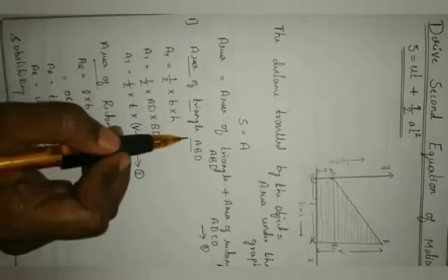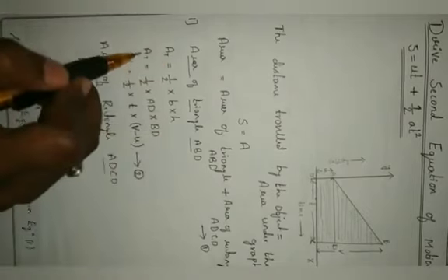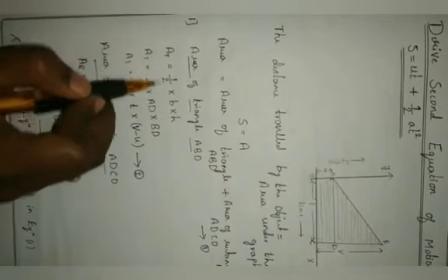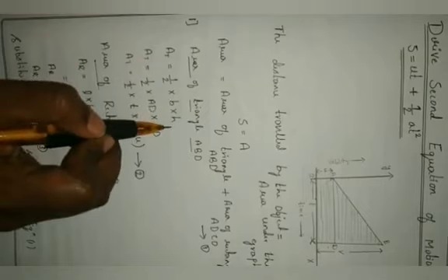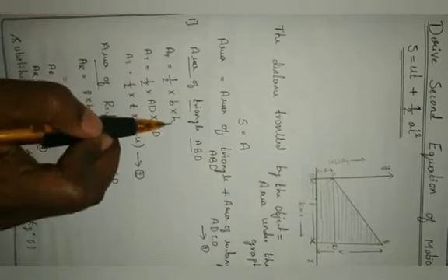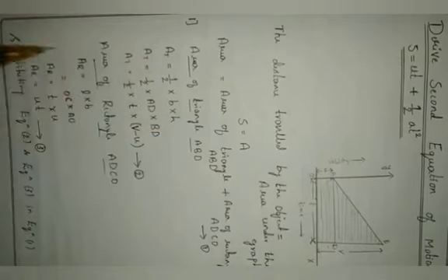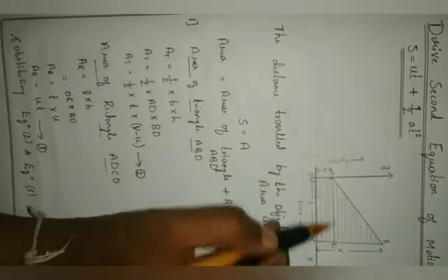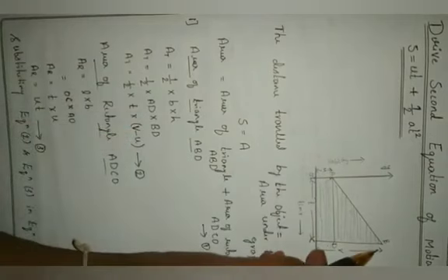Area of the triangle ABD. The formula for the area of a triangle is half into base into height. So half into, for this triangle, base AD into height BD.